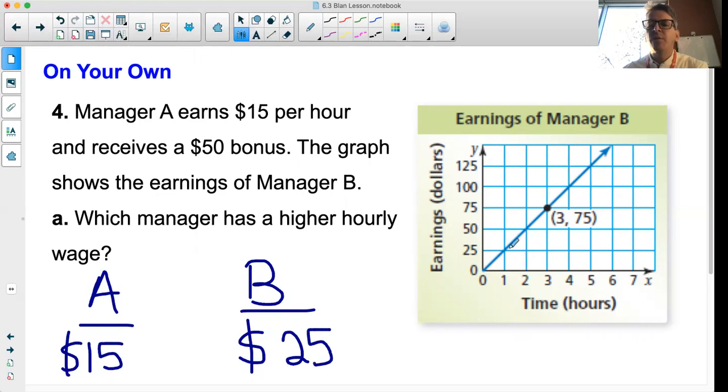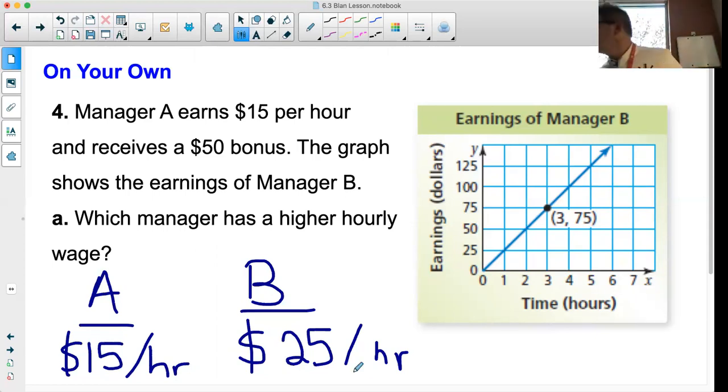Every hour he's working, he's getting another 25. So it's the rise 25 over the run 1. It goes up 25 on the y-axis. So the slope, the rate of the manager's pay, is $25 per hour. Manager A has $15 an hour, so manager B has a higher hourly rate.